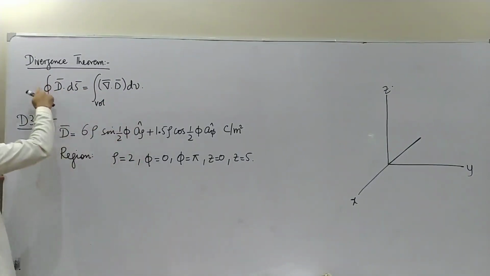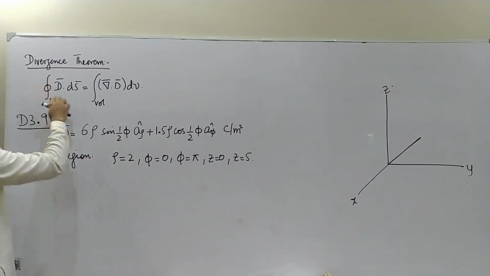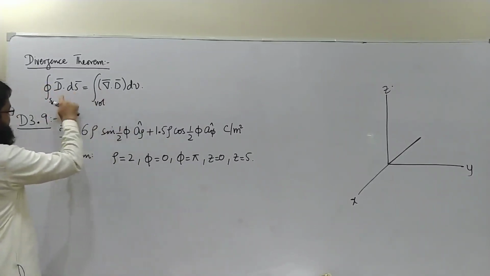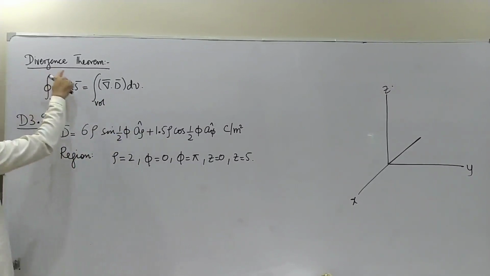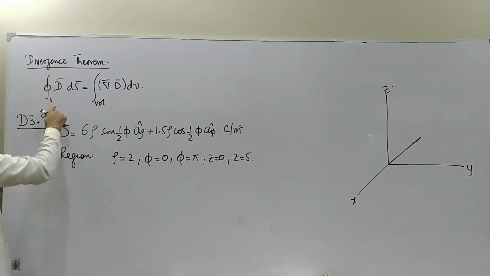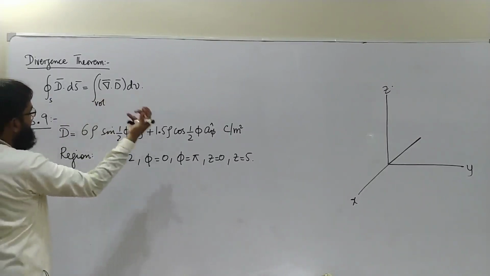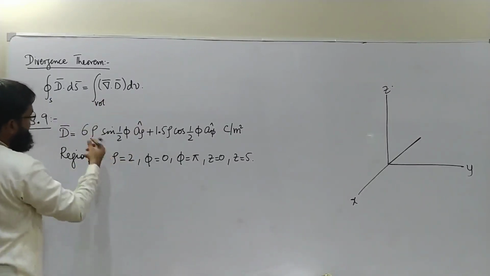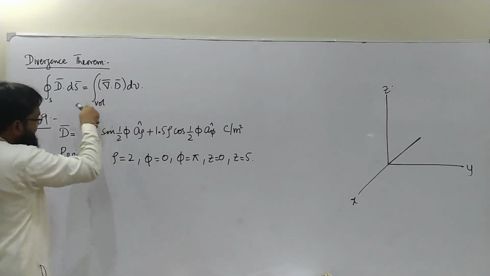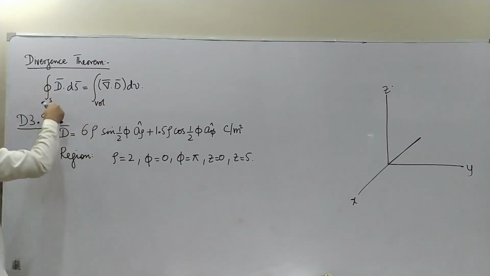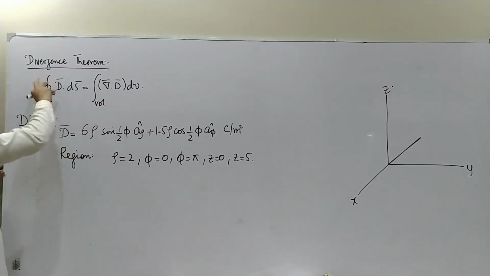All right, and recall that the relationship between the left hand side and right hand side terms is that on the left hand side is the surface, and on the right hand side is the volume over which we have to evaluate this integral. This volume is actually the volume which is occupied by this closed surface.